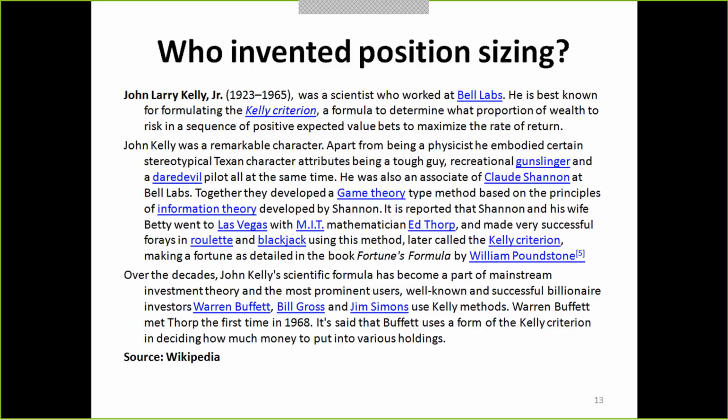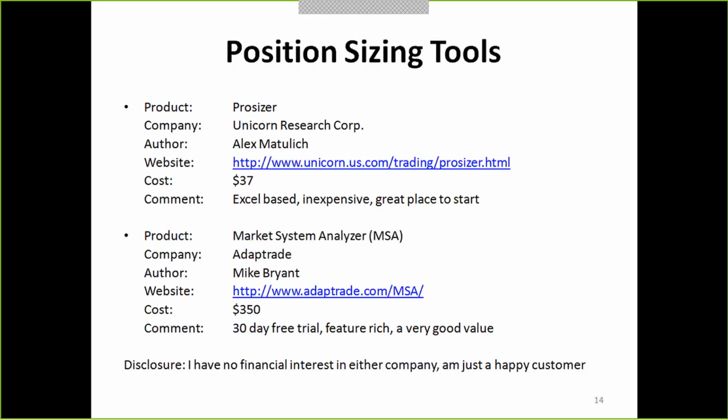They talk here about how some of John Kelly's work has been used by people like Warren Buffett and Bill Gross, who was with the bond trading hedge fund on the West Coast. And let's go on from here.